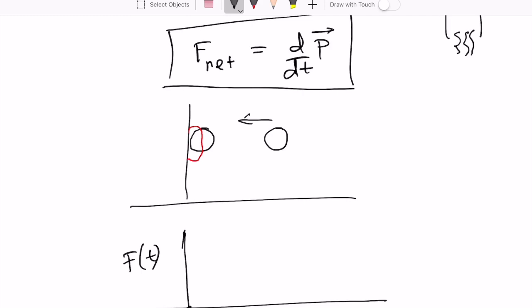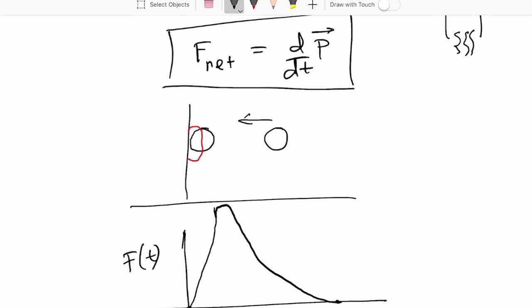But then as the ball squashes against the wall, the force might increase tremendously. And then the ball starts rebounding and going back, and as it begins to take off, the force will decrease, and eventually the ball just completely loses contact with the wall and flies off.